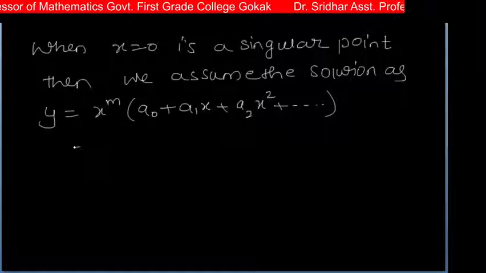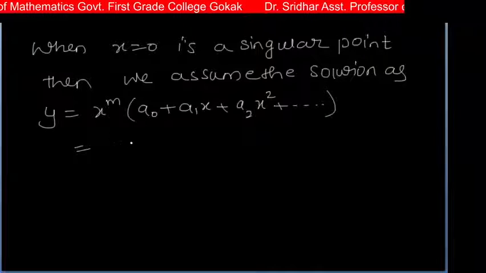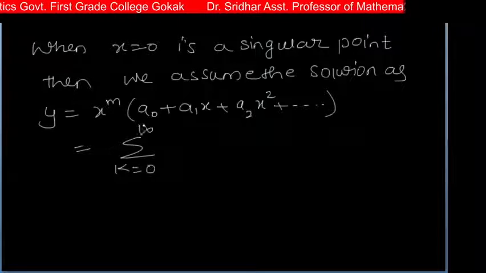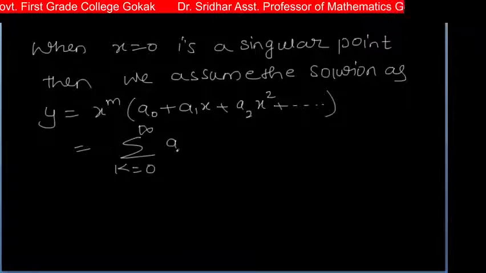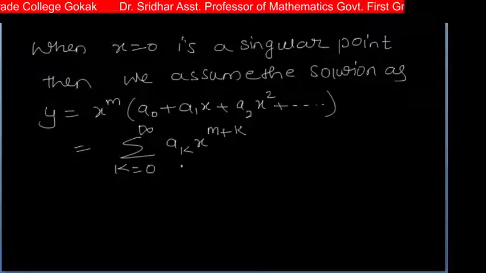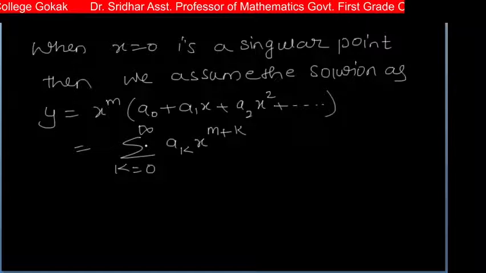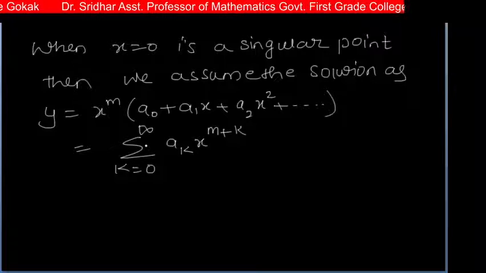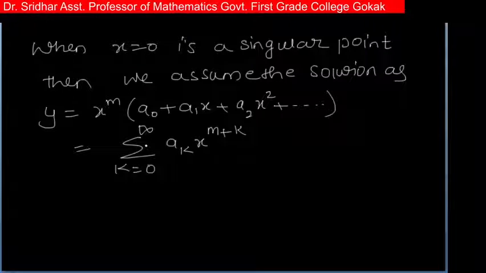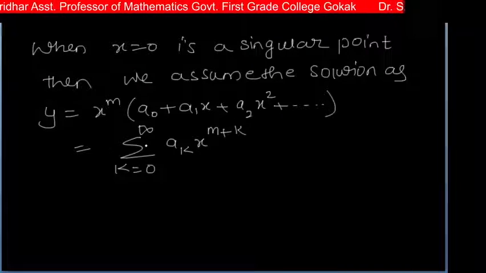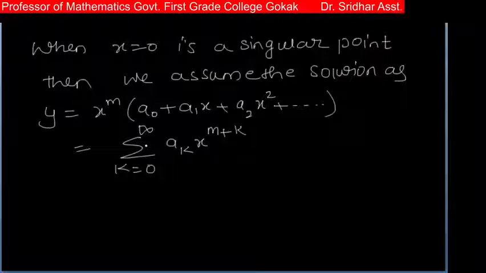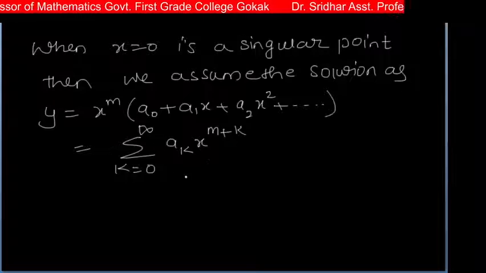Or in other words, you can write this as summation from k equal to 0 to infinity of ak x to the power m plus k. This is the solution we assume.